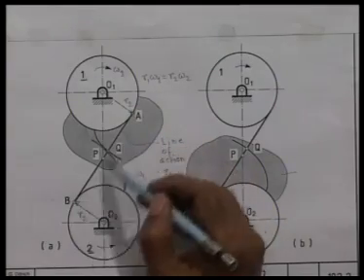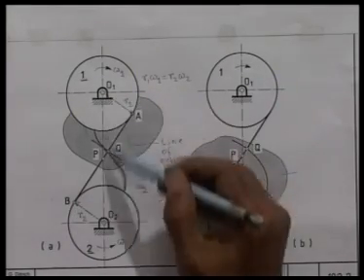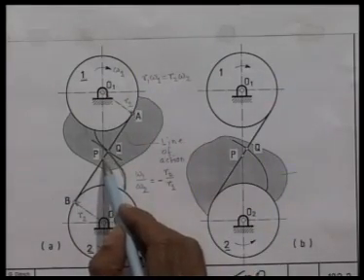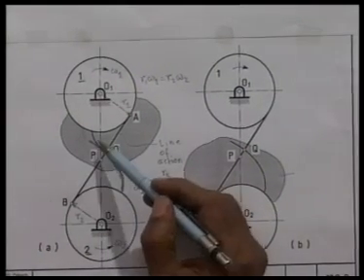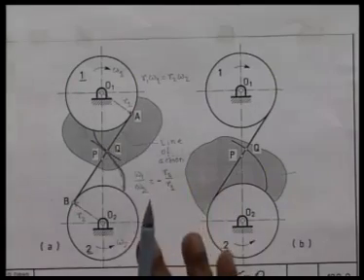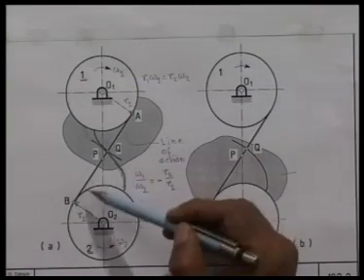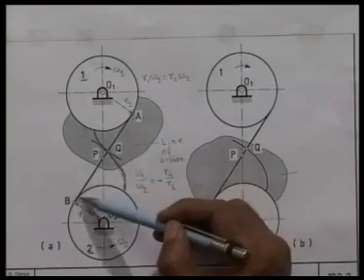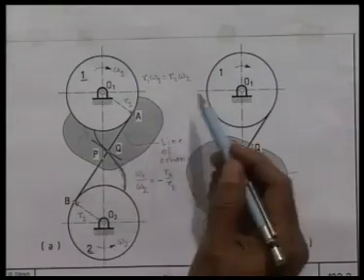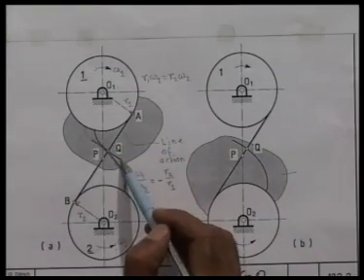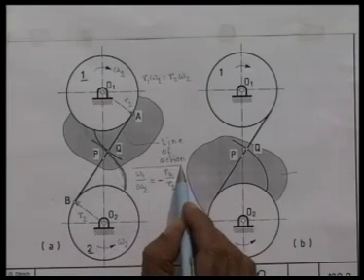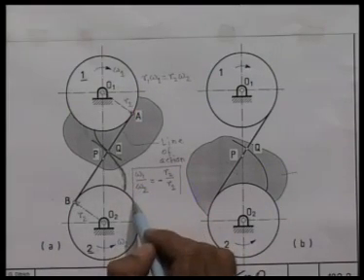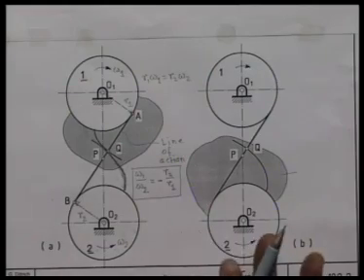This line of action AB intersects the line of centers at this fixed point P. So, let me repeat, these are the two involute profiles which maintain the same motion as was being done by this cross belt. If we remove the cross belt and allow this involute to drive this involute, then this constant angular velocity ratio is maintained.